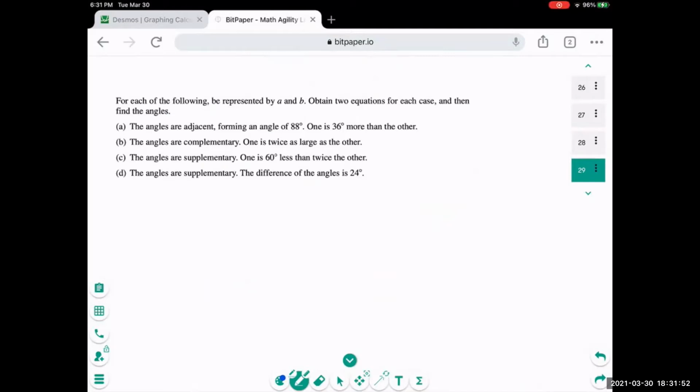So let's try to answer letter A. Okay, it says here, the angles are adjacent forming an angle of 88 degrees. One is 36 more than the other. So the sum is 88 degrees, right? And this is the given. And then one angle, so this is the first angle, x.